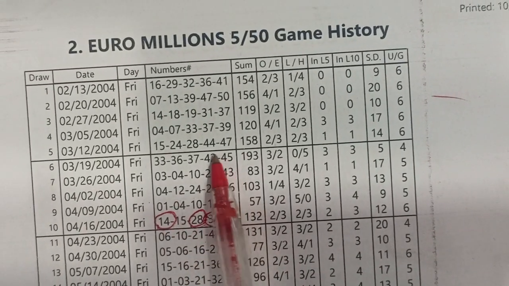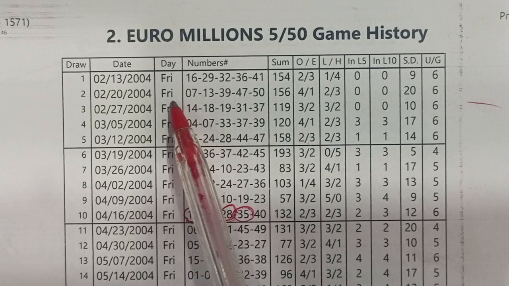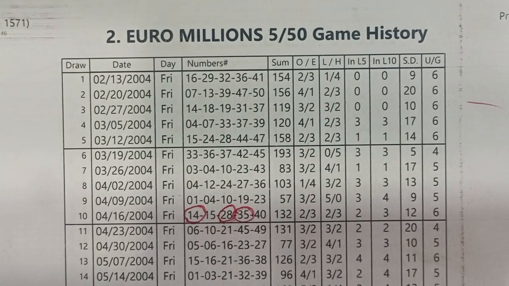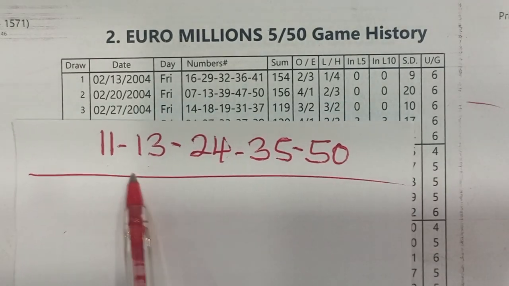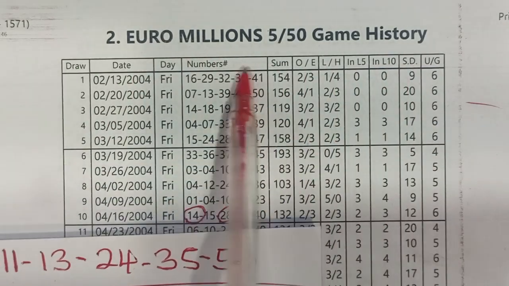One of the lotteries that pays huge sums of money is the Euromillions lottery system. This is the last result of the Euromillions lottery system, and that is the results history.